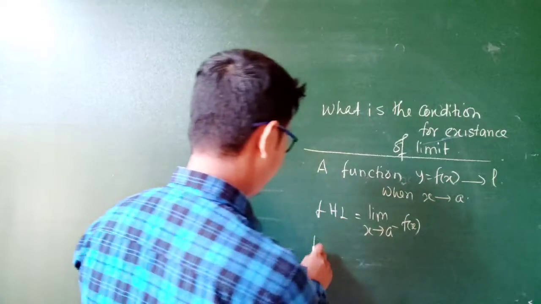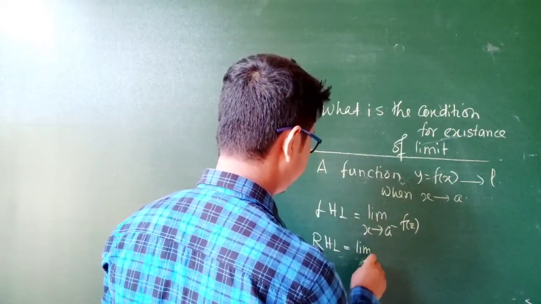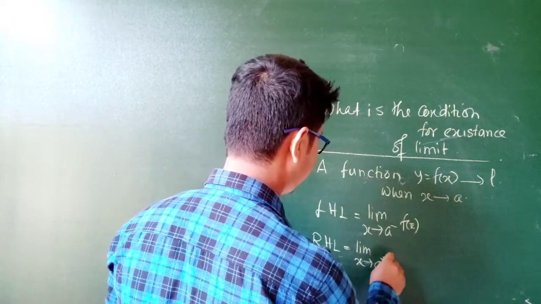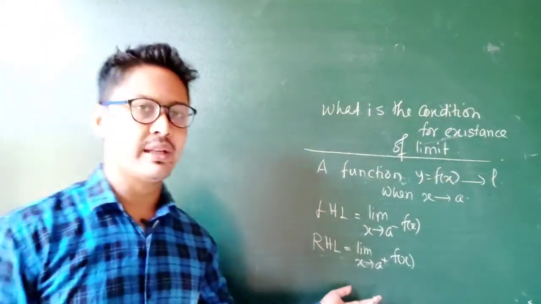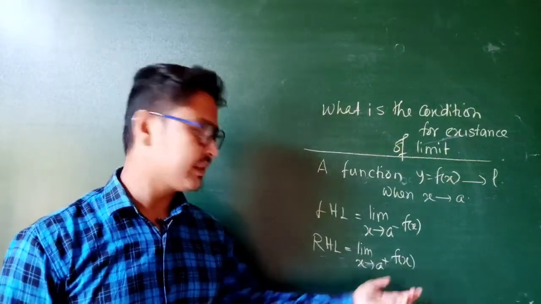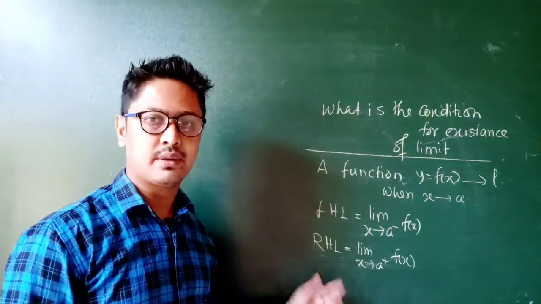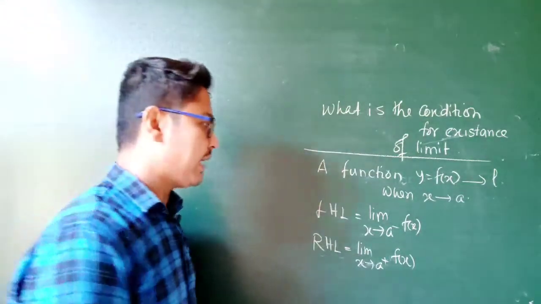Again, what is the definition of right hand limit? The definition of right hand limit is limit x tends to a positive f of x. That means when x tends to a number which is greater than a, then the function value tends to a certain value, which is known as the right hand limit of the function at this particular point, that is x equal to a.